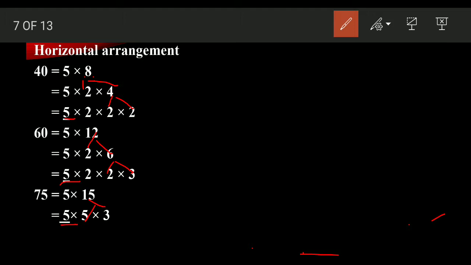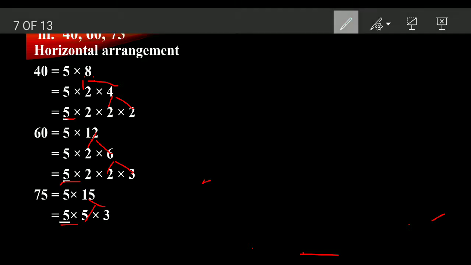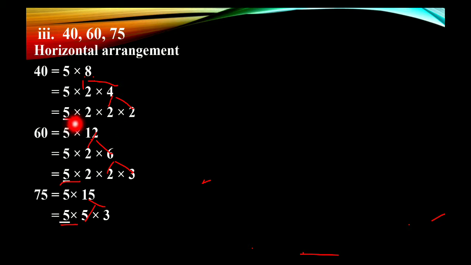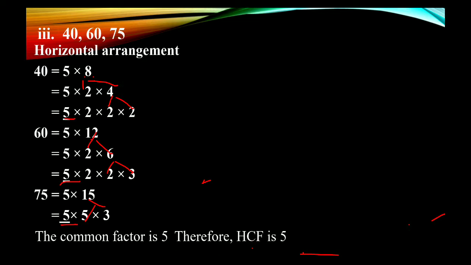No, there is no. Here we have common factor 2, but in 75 we didn't have any 2. So our common factor is what? The common factor is what, children? 5 is the common factor. Therefore the HCF is what, children? The HCF is 5. So we have done with the horizontal arrangement.